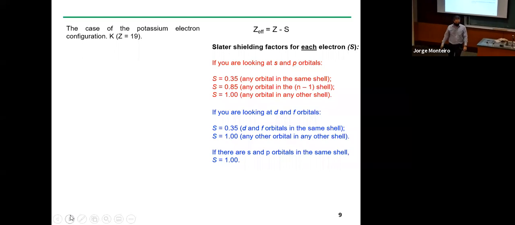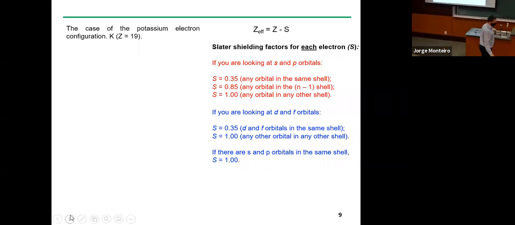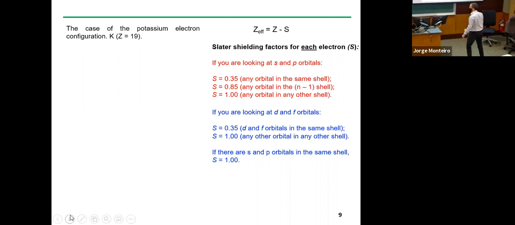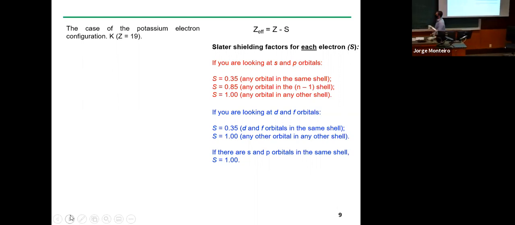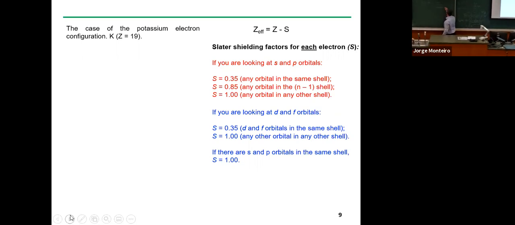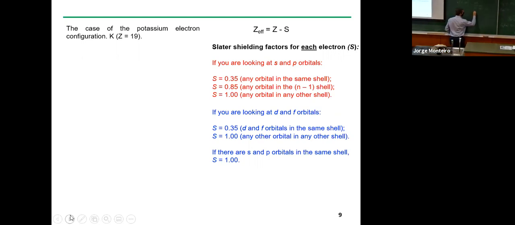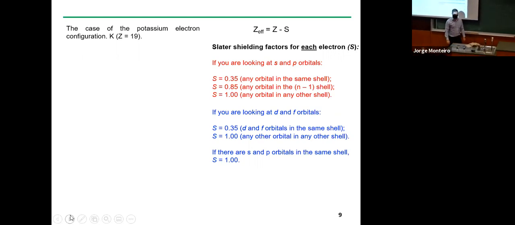So I guarantee you that if we go to the CHEM310 class, 50% of the class will draw the next electron going to the 3d1 orbital. This is right next, right? However, we know that it has to go to the 4s1 orbital.